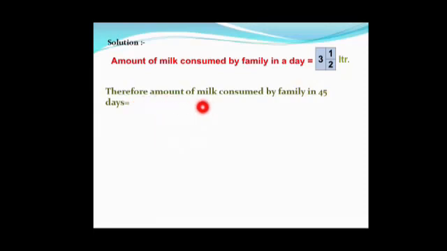So therefore the amount of milk consumed by the family in 45 days. Dear students, we know that in one day a family consumed 3.5 liter milk. So the family consumed for 45 days, so we need to multiply 3.5 multiplied by 45.